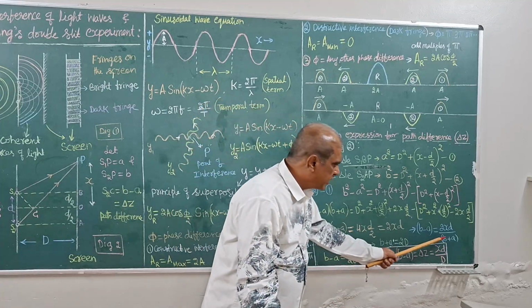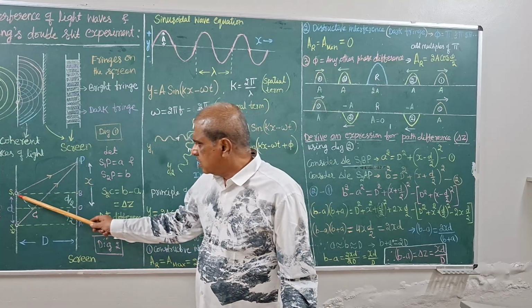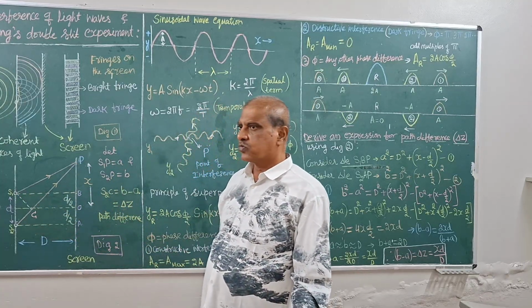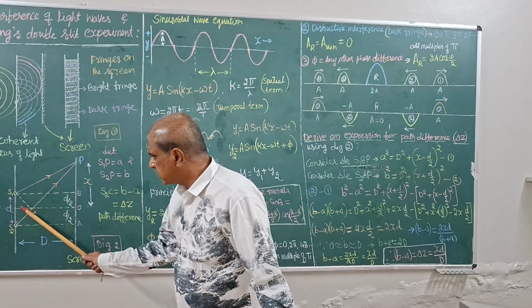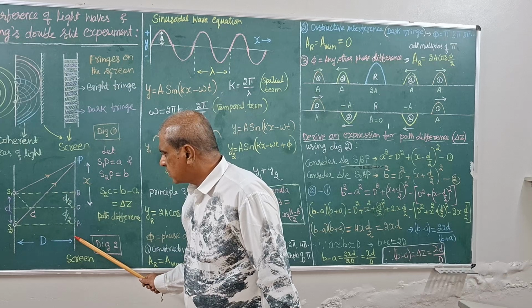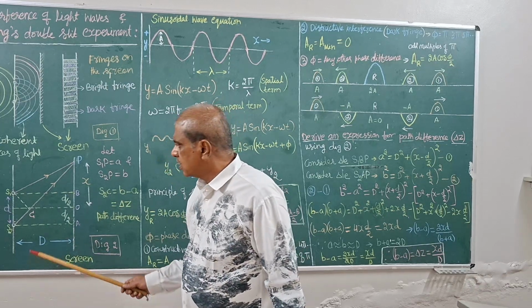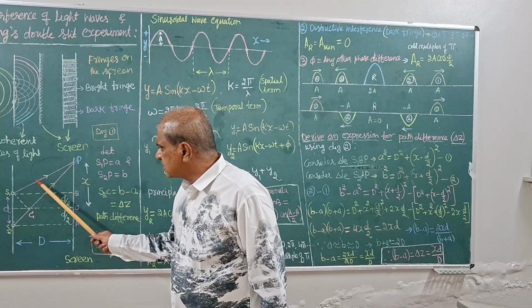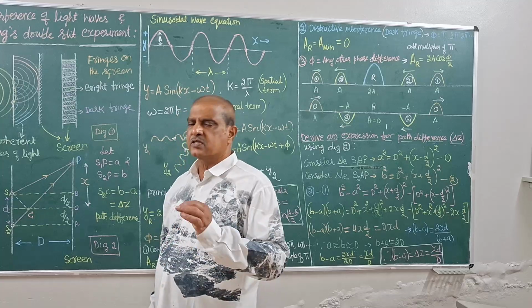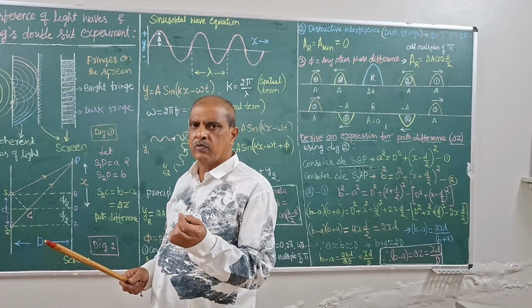Now observe this b plus a. What is b plus a? The distance of this ray, and also observe the distance between this and this. When you look at the differences in values, in reality the difference between this length and this length is negligibly small, an extremely small value.